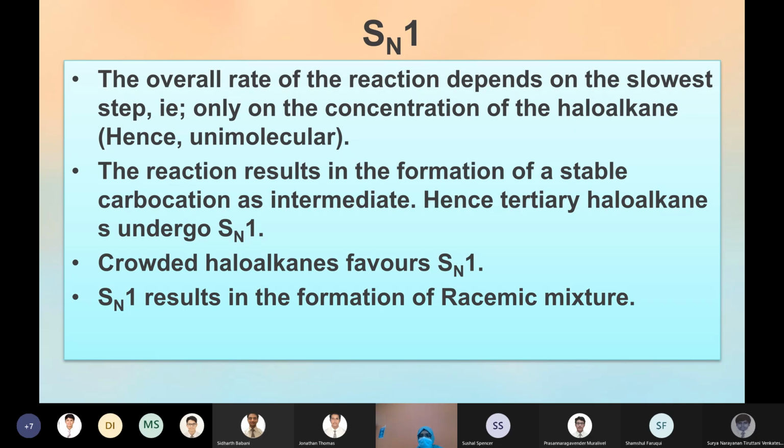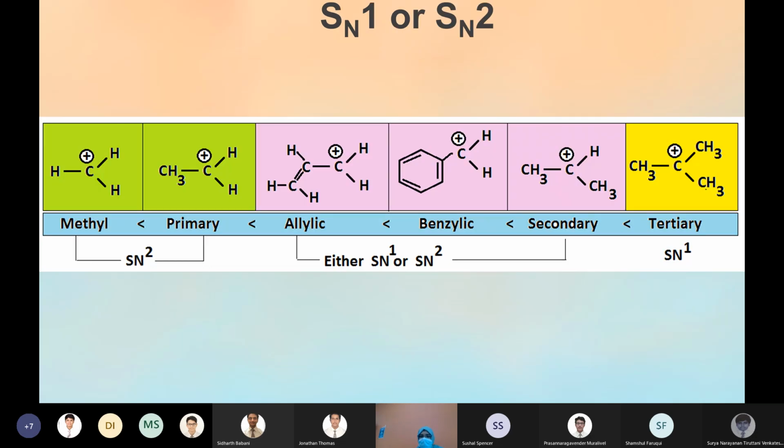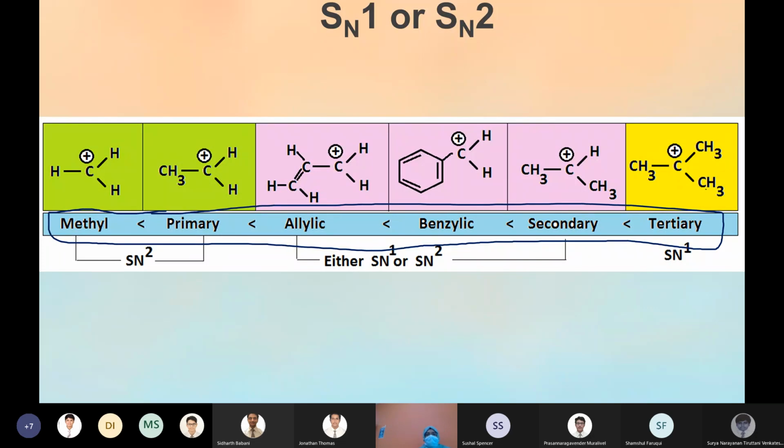So that's what is in the next slide. You can see, even if you don't draw the diagram, at least write this way. Methyl and primary, they undergo SN2 because less bulky groups are there, so easy for a bimolecular reaction. Attack from the rear side is possible.